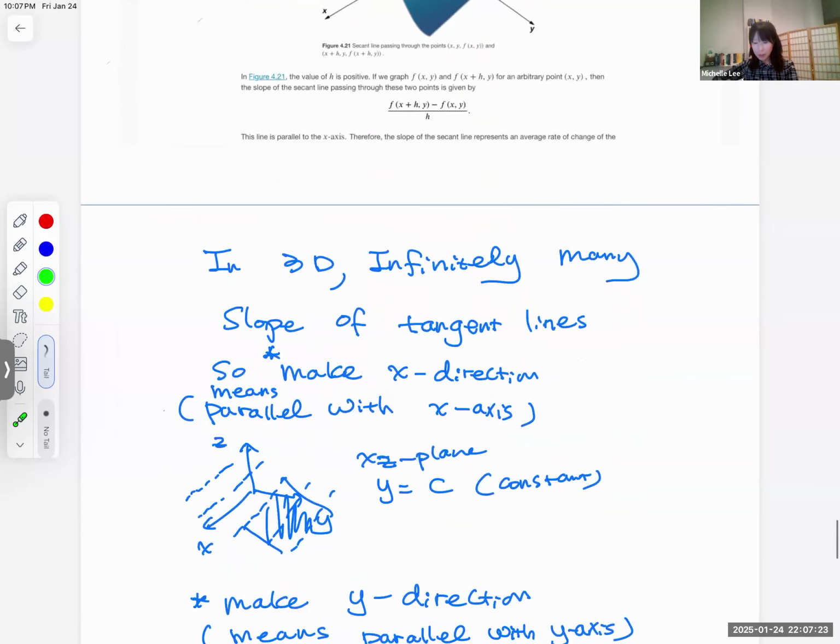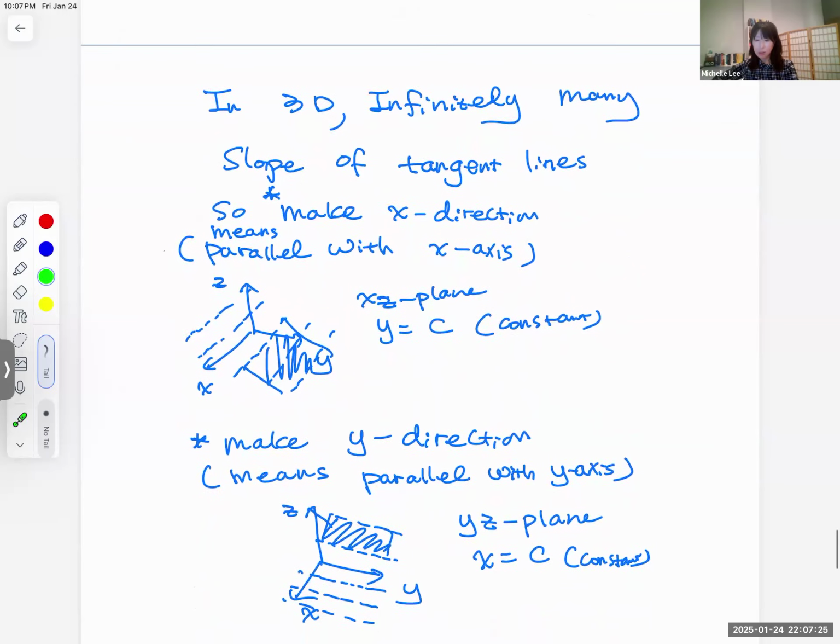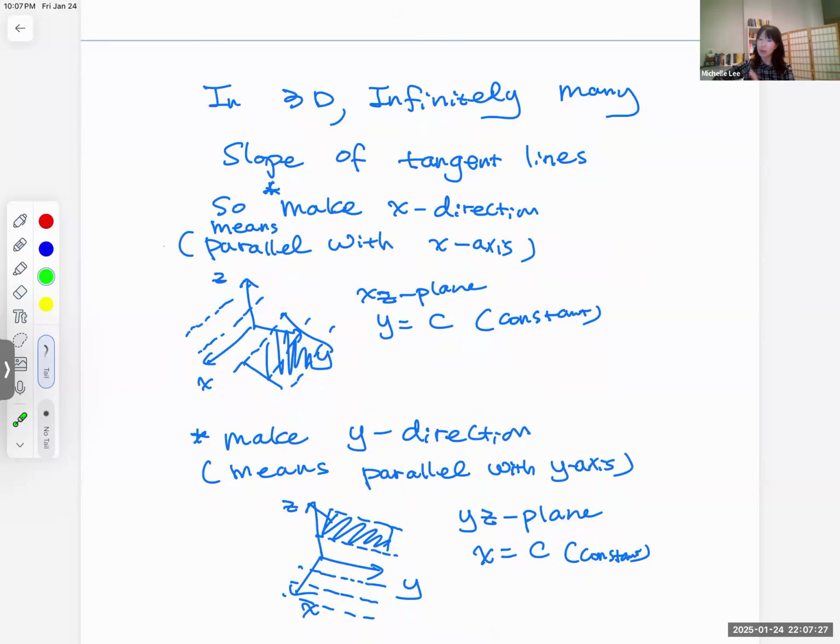So once again, there are infinitely many slopes of tangent lines. So a partial derivative with respect to x means we go only in the x direction, and the partial derivative of f with respect to y means we go only in the y direction, right? Okay, let's talk about that.